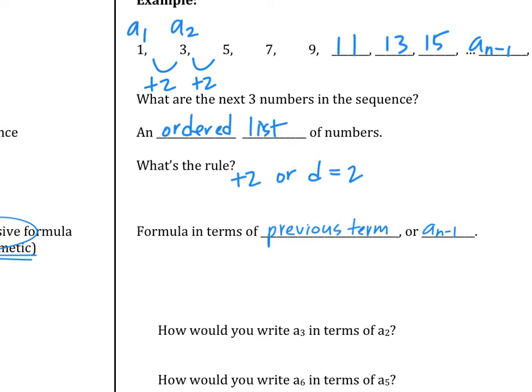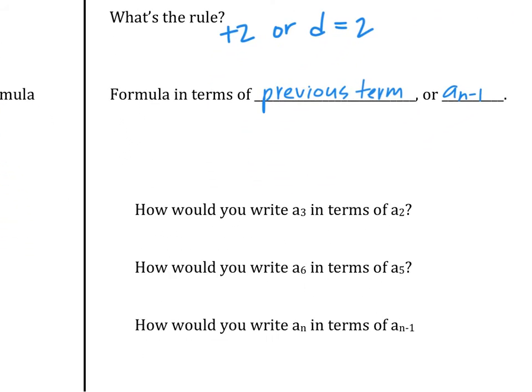How do I get from 3 to 5? Plus 2. If this is too abstract, please let me know. To get to 5, I would do 3 plus 2, right? 5 is also A3, right? A2 is 3, so I add a number.